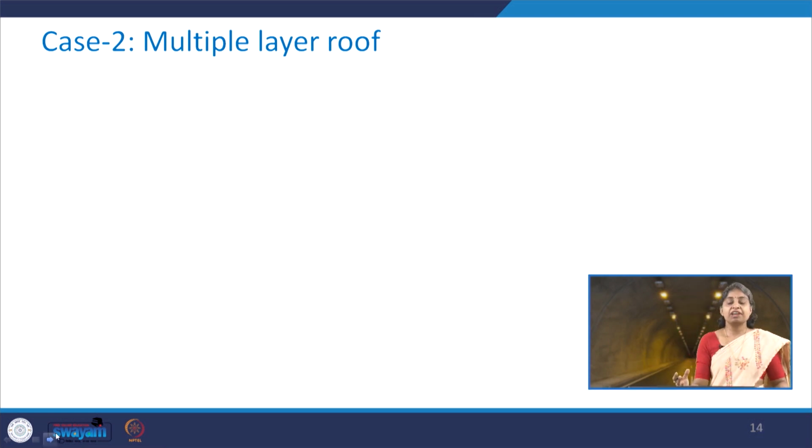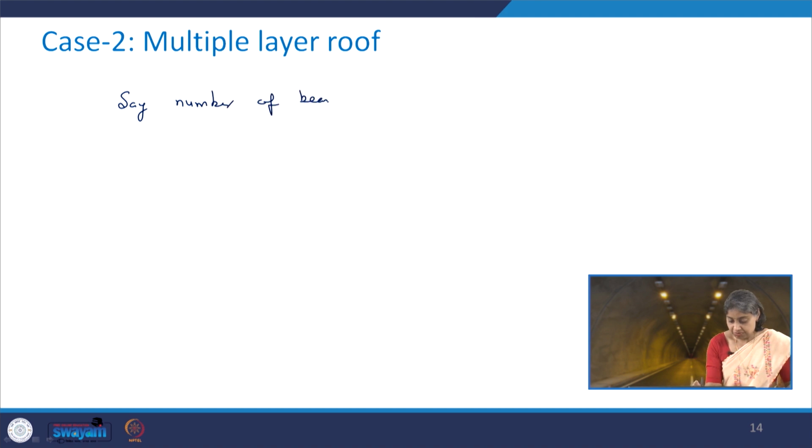So, in case if we have n number of layers in the immediate roof, then we can have let us say the number of beams, they are say n. So, in that case we can write this gamma bar as summation i varying from 1 to n gamma i Ti divided by summation i from 1 to n Ti.